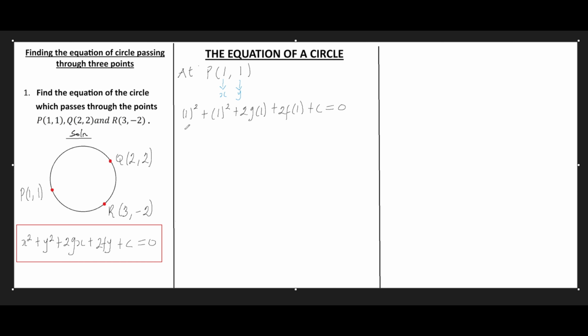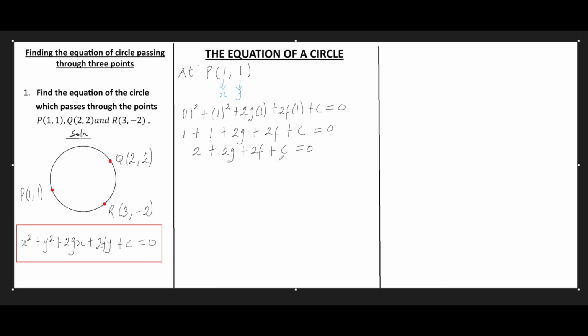Now 1 squared is 1. 1 squared is 1. 2g times 1, we have 2g. 2f times 1, we have 2f plus c is equal to 0. So let's simplify the numbers. 1 plus 1, that will give us 2, plus 2g plus 2f plus c is equal to 0.